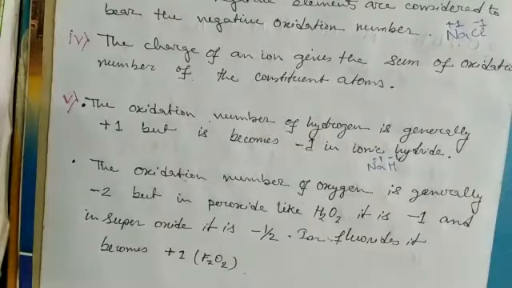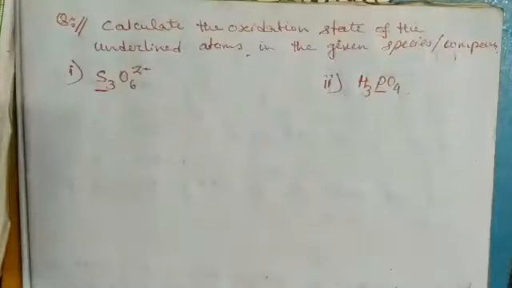These rules will be clear when we solve a problem. So let's go to a problem and learn it. Here the given problem says that we have to calculate the oxidation number of the underlined species, or rather the underlined atoms in the given species.